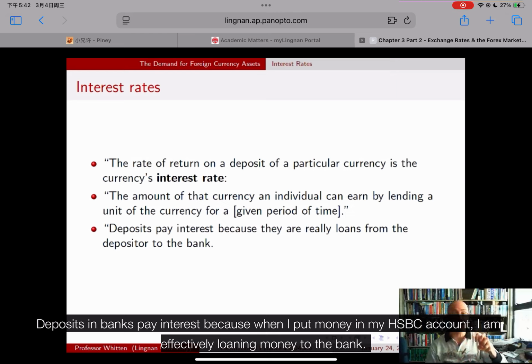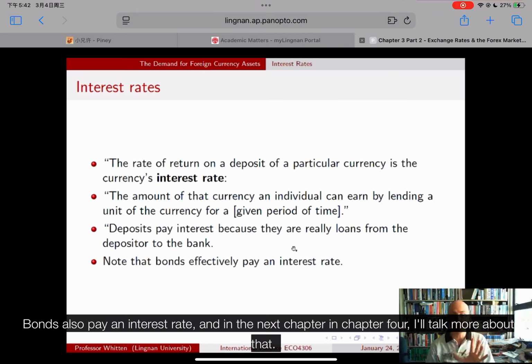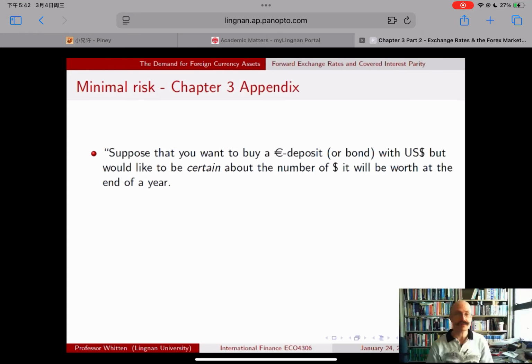Deposits in banks pay interest because when I put money in my HSBC account, I am effectively loaning money to the bank. Bonds also pay an interest rate, and in the next chapter, chapter 4, I'll talk more about that.